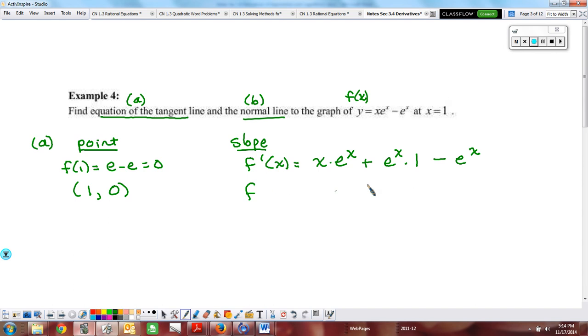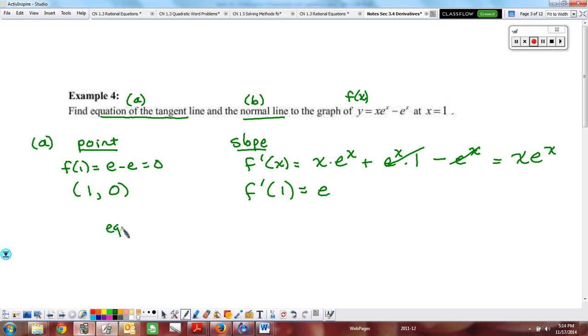So f prime, well, let's simplify this while I'm here. This ends up being e to the x minus e to the x. That's going to cancel out, so we get x e to the x. So our f prime of 1 is going to be e. So my slope is e.